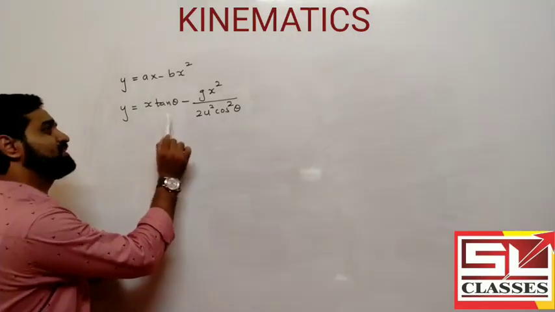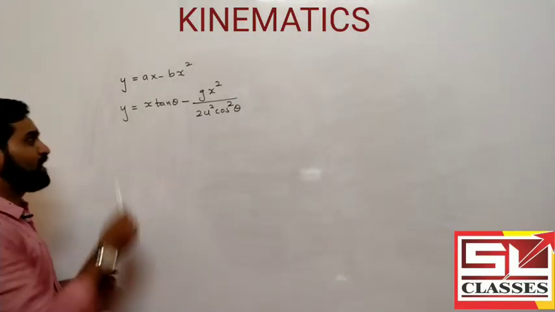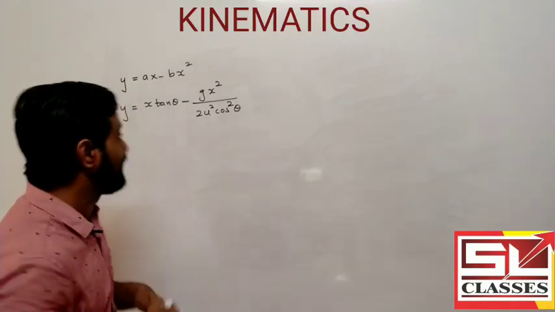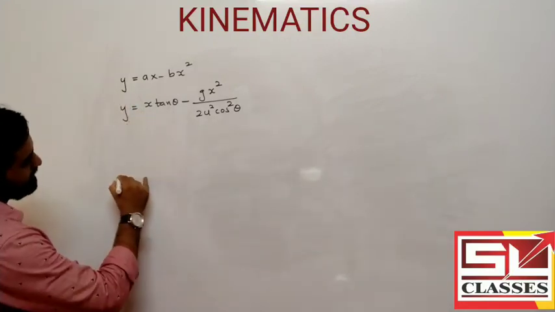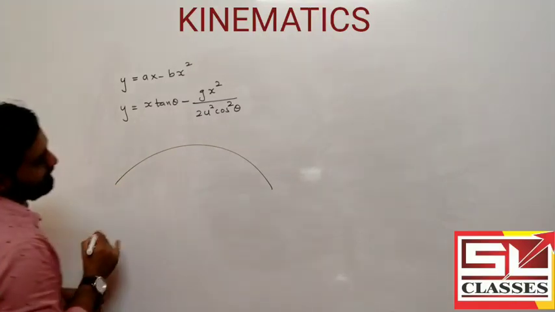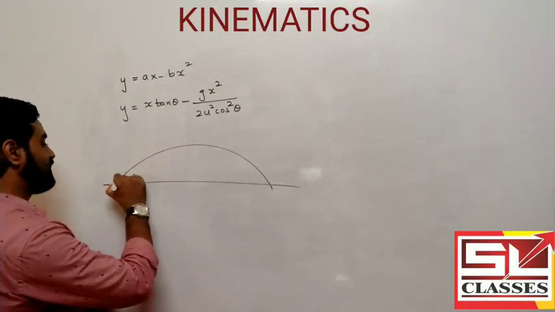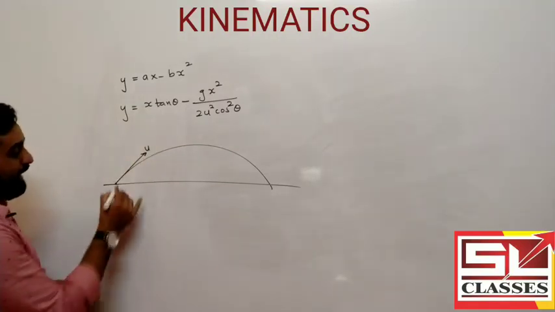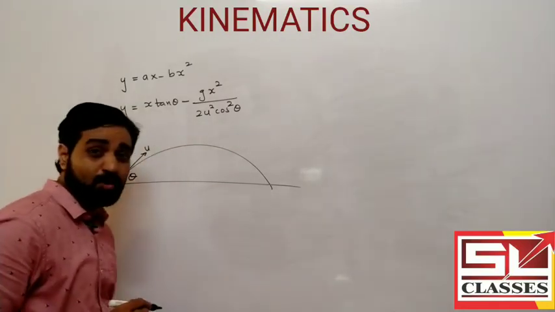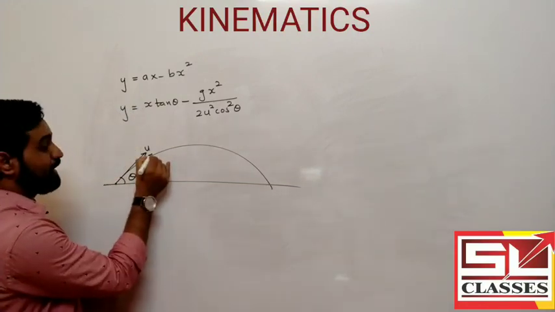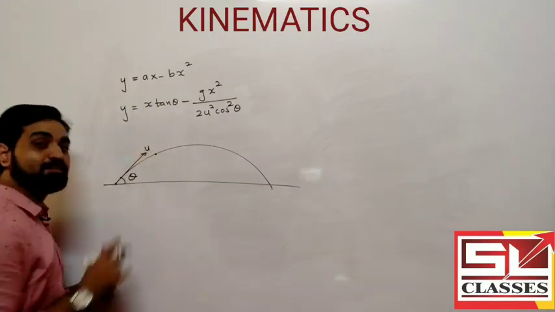What is the meaning of this equation actually? What is this y? What is this x? Theta is the angle of projection. This y and x, we know when we take a projectile, an oblique projectile, projected from here with an initial velocity u and an angle theta, then after some time the projectile reaches here.